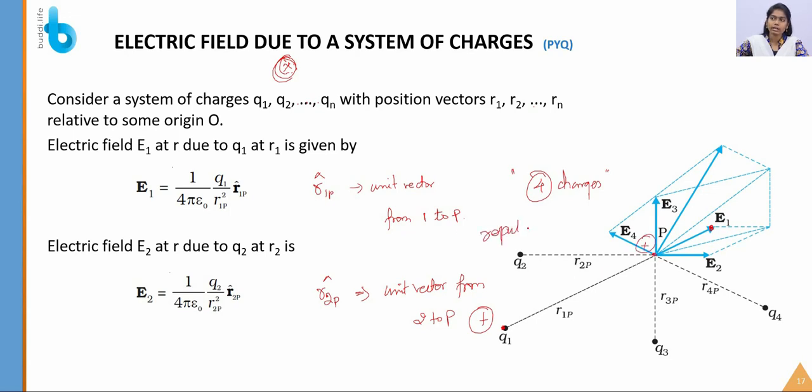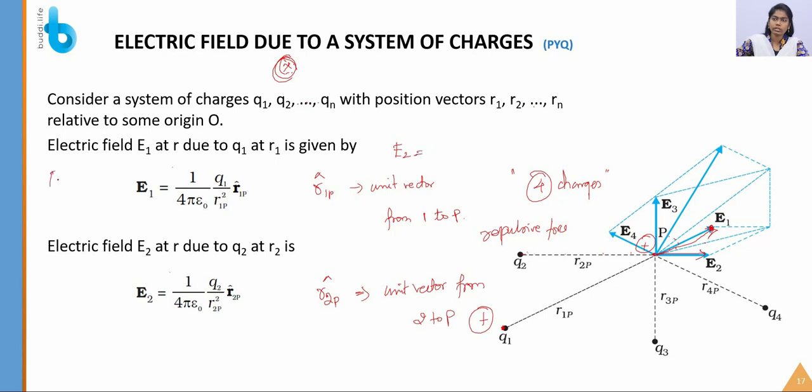Yes, it is a repulsive force, so the electric field is like this, in this direction. So when we have Q2 here and E2 here, what is the resultant electric field? Yes, it is directed in this direction because it is a repulsive force, right? What is the electric field E2 at R due to Q2 at R2? It is a repulsive force, which is E2.